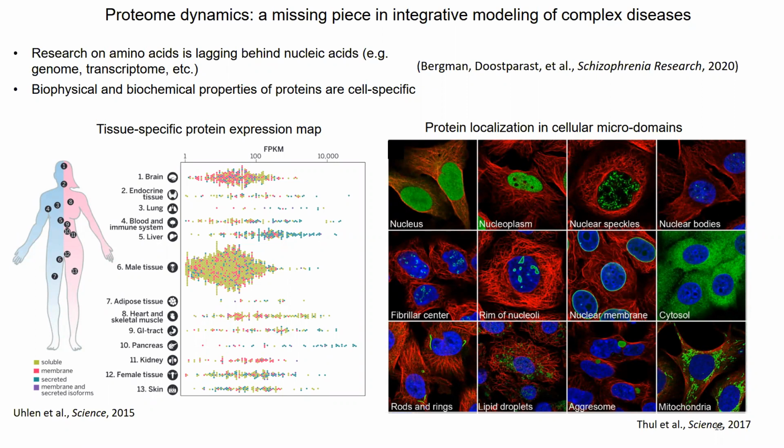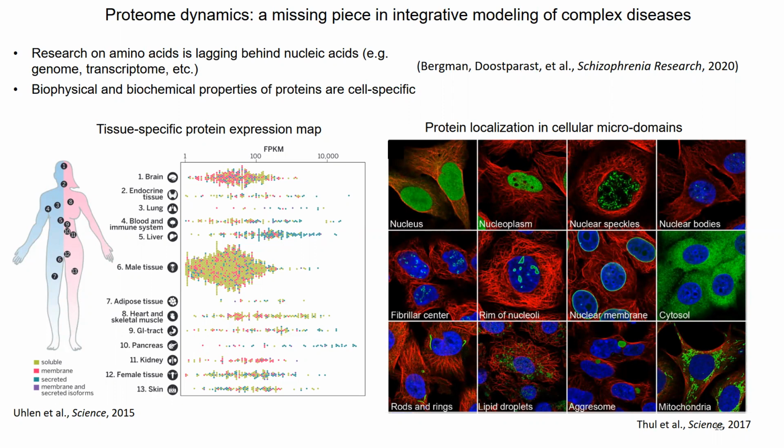This makes it even more critical when we know that protein abundances, as well as the type of proteins, whether they are secreted or membrane proteins, differ remarkably between tissues. Moreover, in addition to protein expression, the way the proteins localize in subcellular microdomains also poses novel challenges in integrated modeling of complex diseases such as schizophrenia.